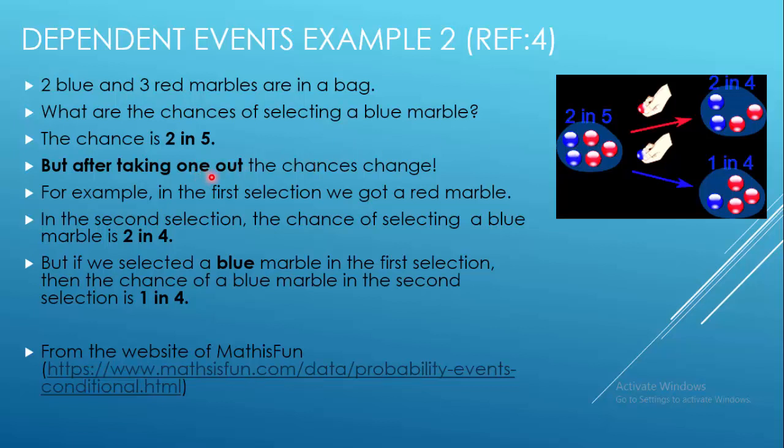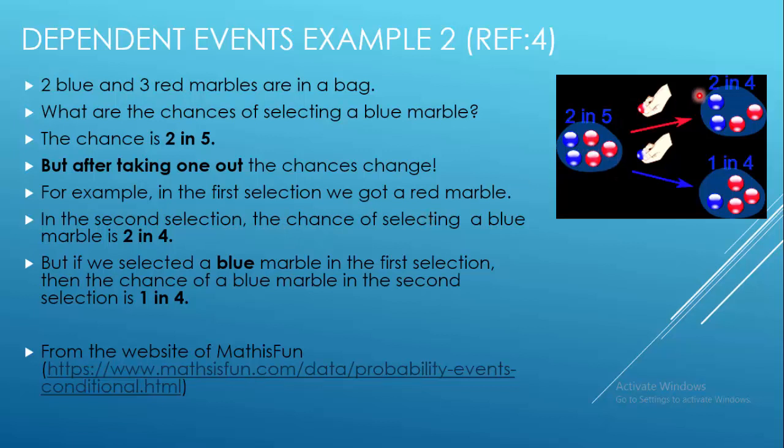But after taking one out, the chance changes. Why? Because we are talking about without replacement. Once you have taken out a ball, you're not going to replace it in the bag again. So for example, in the first selection we got a red marble. Then the chance of selecting a blue marble is 2 in 4, because I am not going to replace the marble.